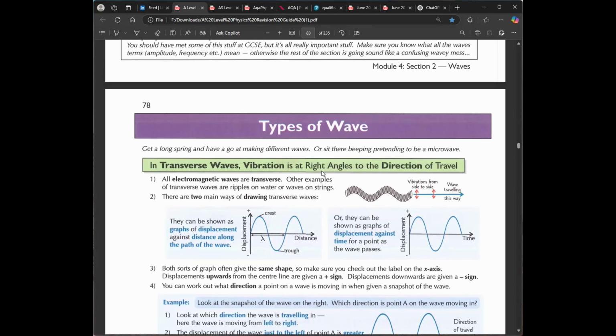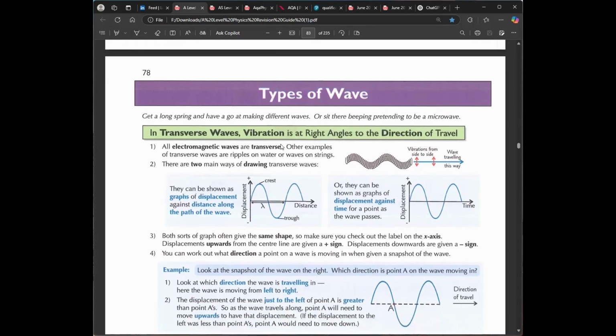The movement of the matter is at 90 degrees to the direction of travel of the wave. The direction of travel also means the direction the energy is moving, at 90 degrees to the vibration. So whenever they are at right angles, that is called a transverse wave.